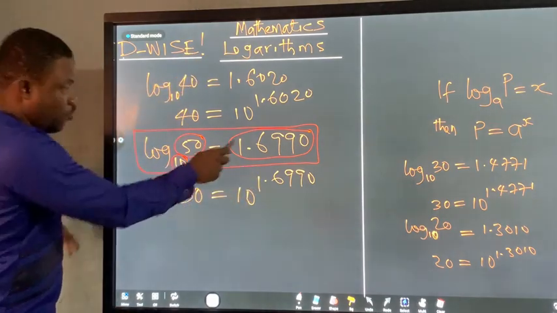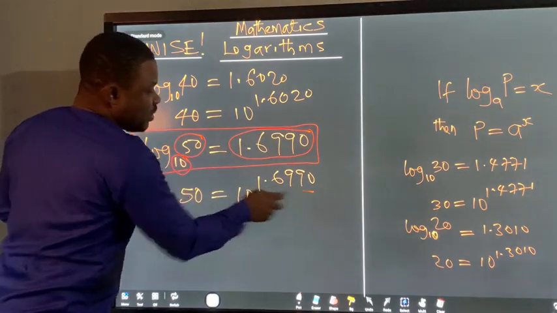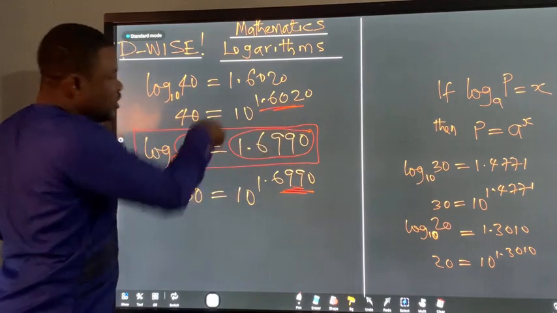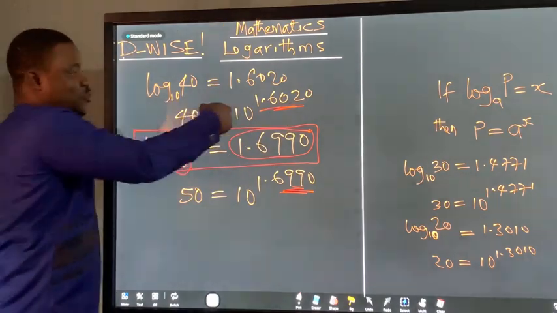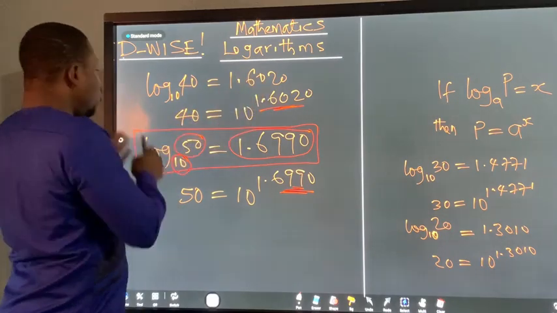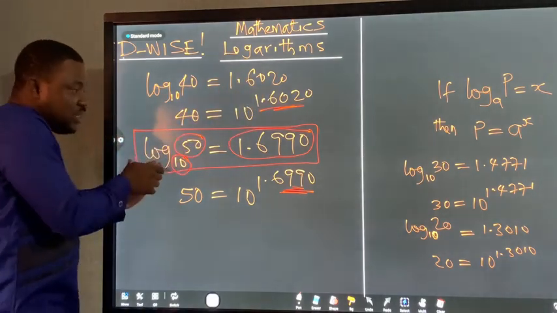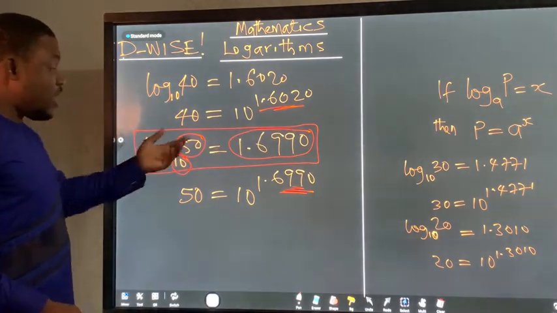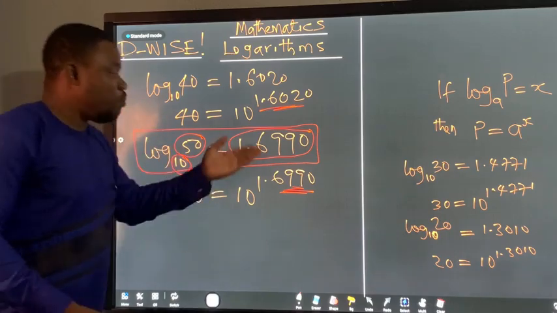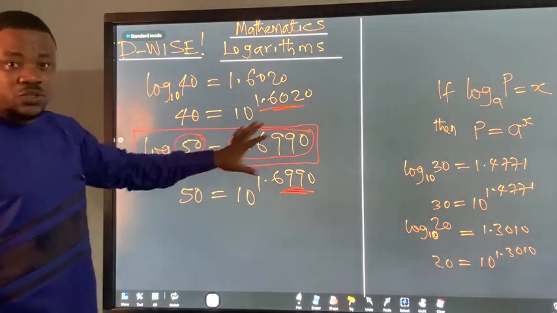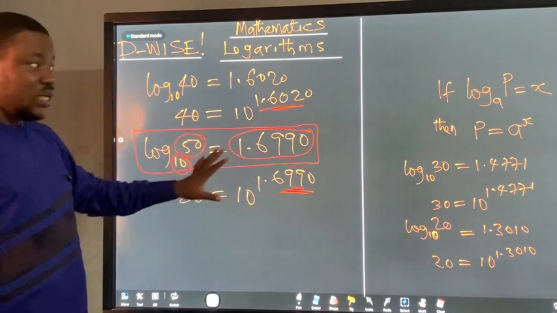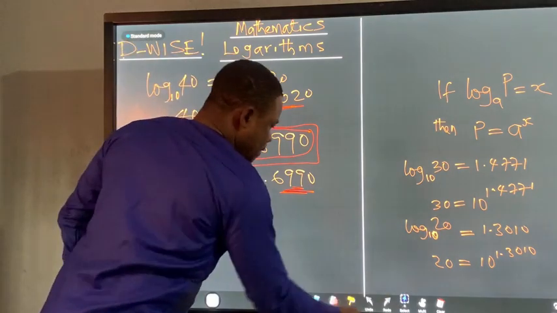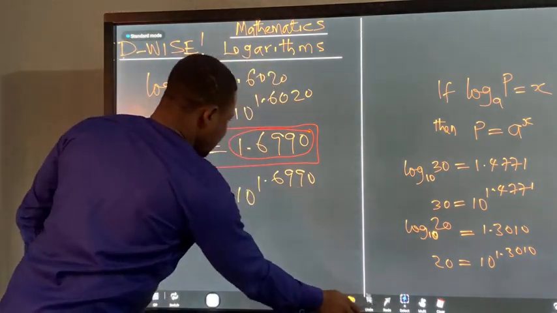Look at what I mean here. The 1.6990 is a power. The 1.6020 is a power. Do you get it? This is the base. Remember for indices, this is the base and this is the power. So log 50 to base 10 is equal to the power, and I can write 50 as 10 to the power of 1.6990. This is the first step I want you to get. This is the definition of a log.